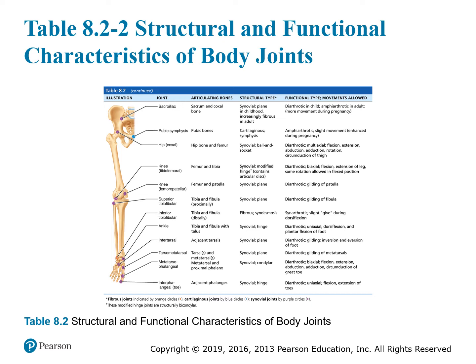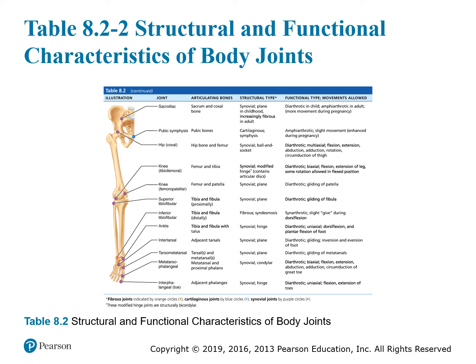Movements include flexion and extension of the leg, and some rotation, which is allowed when the knee is in the flexed position only. The knee also has the articulation between the femur and the patella, named the femoropatellar joint. This is a synovial joint, a plane joint. Functionally, it is considered diarthrotic, with gliding of the patella along the femur.